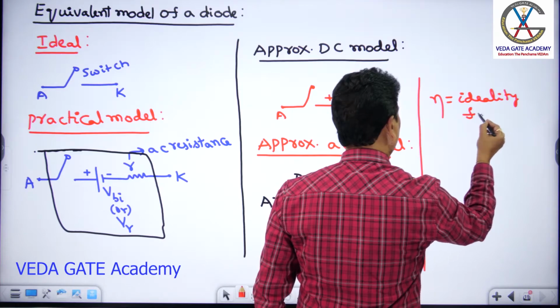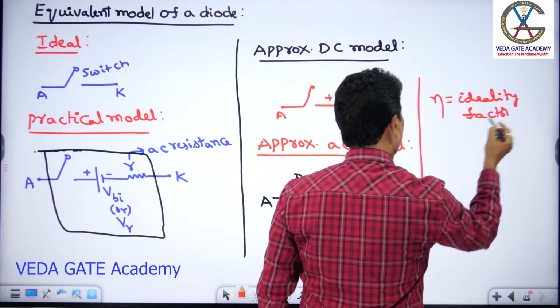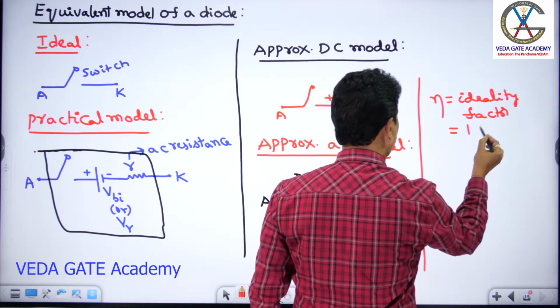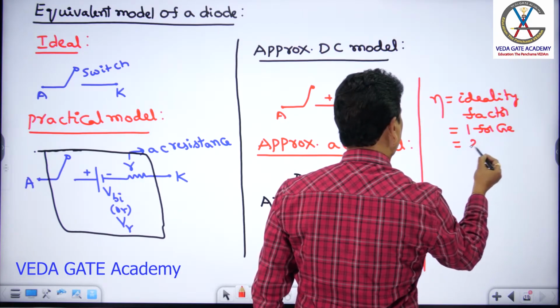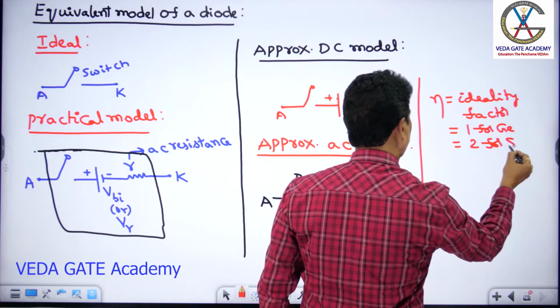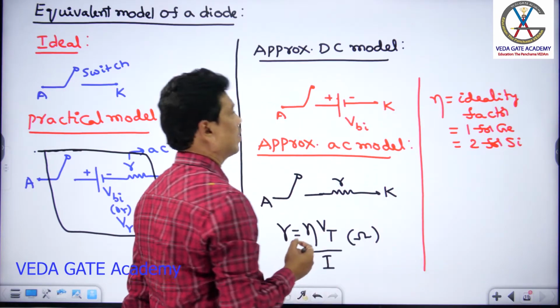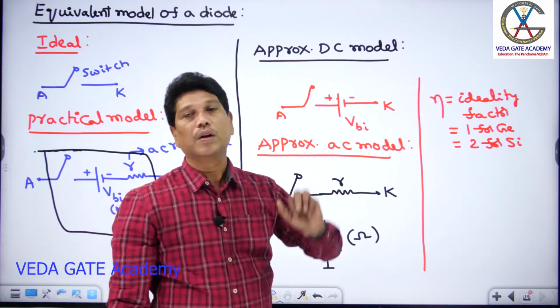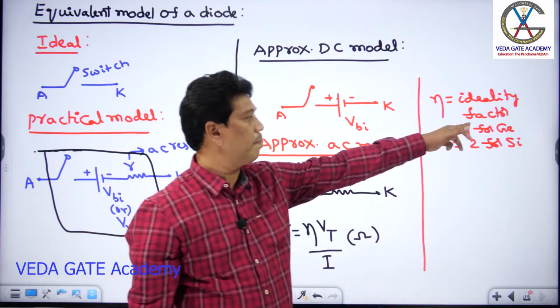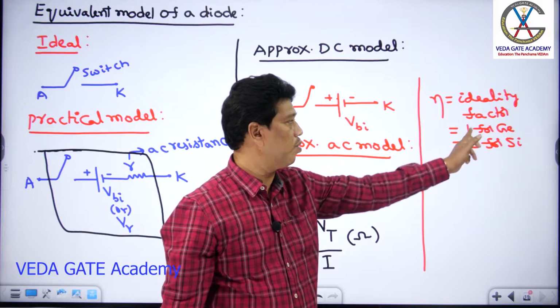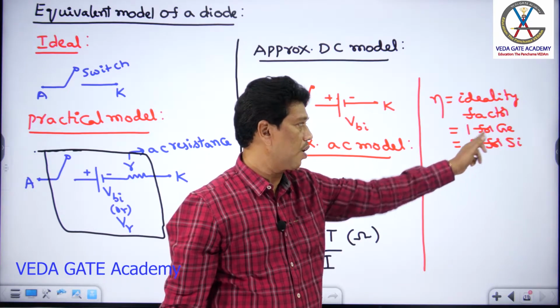That is commonly considered 1 or 2: 1 is considered for germanium, 2 for silicon. So higher conductivity means lower value, lower conductivity means higher value. If I compare germanium to silicon, germanium conductivity is more, taken as 1, and silicon conductivity is less, taken as 2.